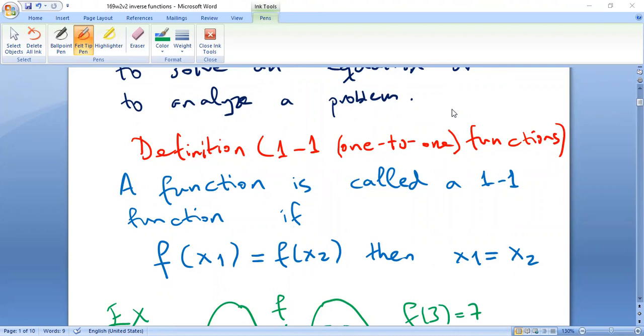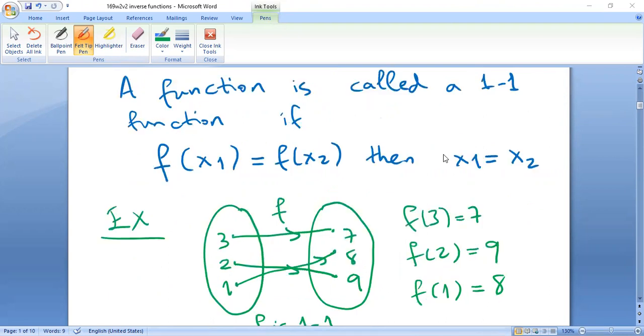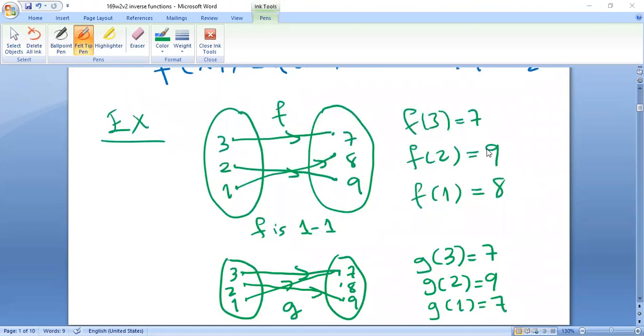The first definition is one-to-one functions. So a function is called a one-to-one function if f of x1 is equal to f of x2 implies x1 equals x2. For instance, an example here: let's say we have a set which has elements 3, 2, 1, and then a second set with the elements 7, 8, 9.